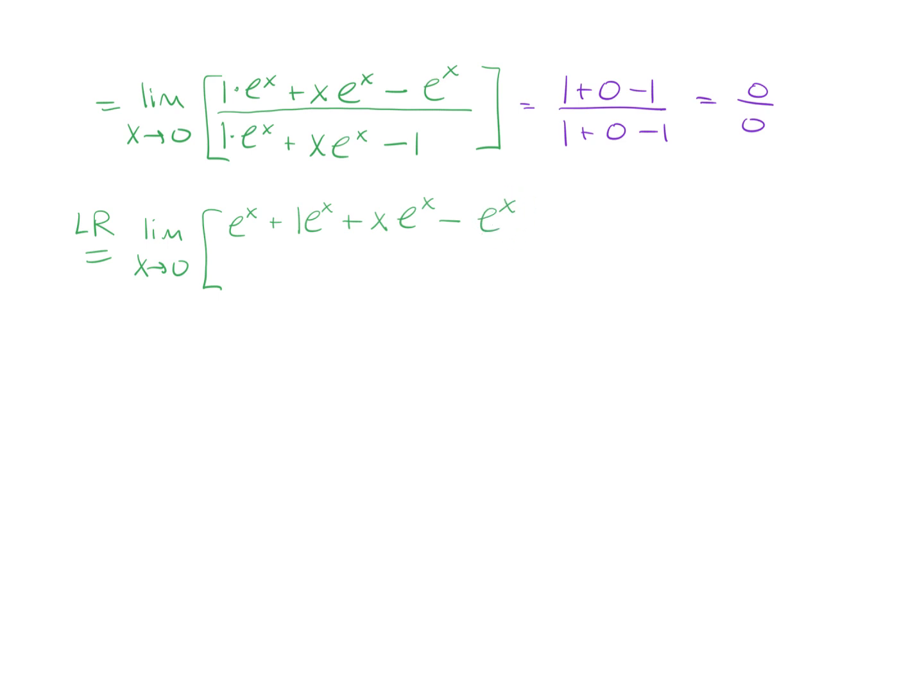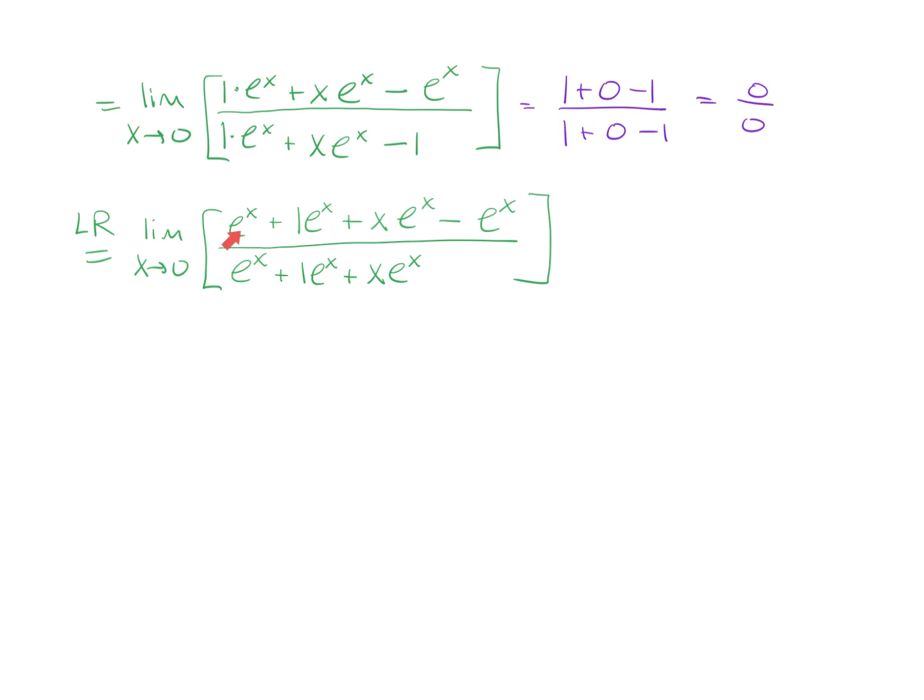All right, and then I take the derivative of the denominator. The derivative of e to the x is e to the x. The derivative of x e to the x is 1 e to the x plus x e to the x. And then the derivative of 1 is 0, so that one, I don't have to write anything down. All right, to simplify, I've got some like terms in my numerator.